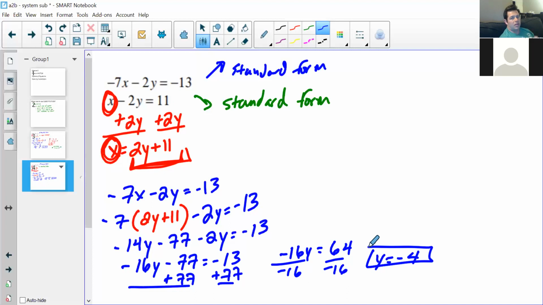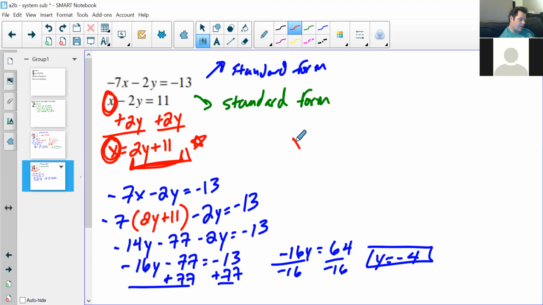However, we need to go get the x value for this, because we know that if it's a solution to this system of equations, it's going to cross at a point, and we need an x and a y value. So again, I need to go find x. It would probably be easiest to use that red equation that we wrote down right here in order to get x the quickest.